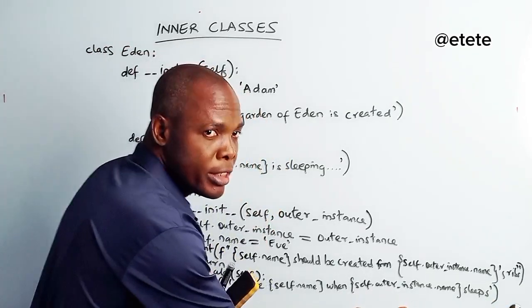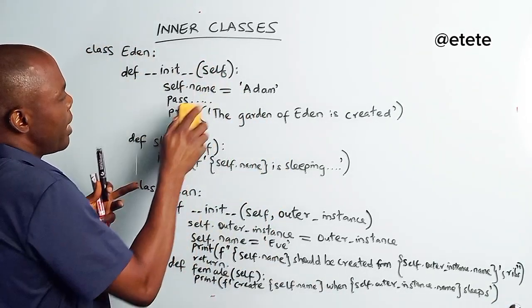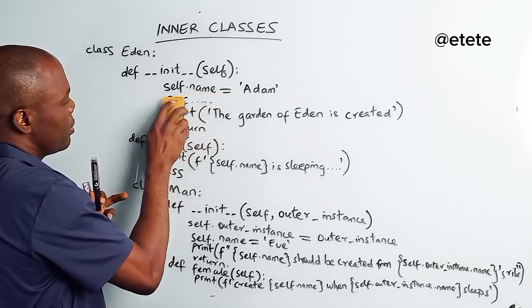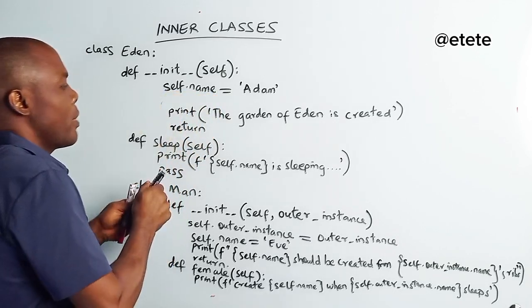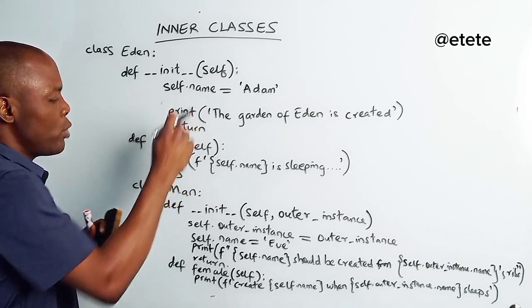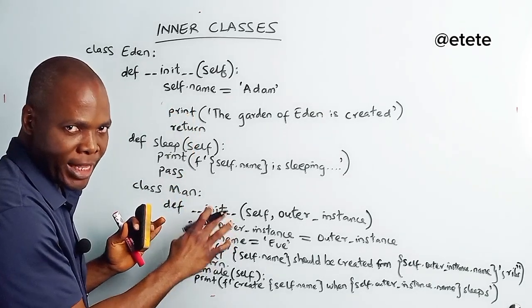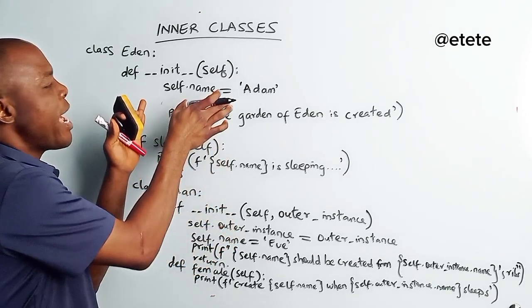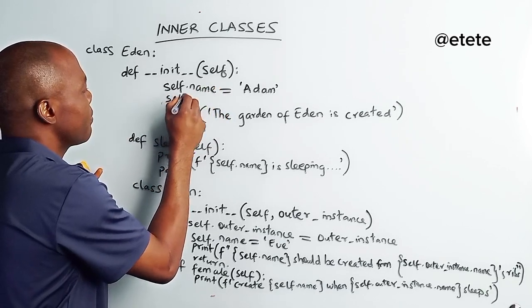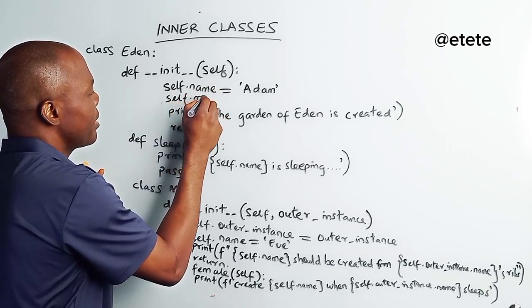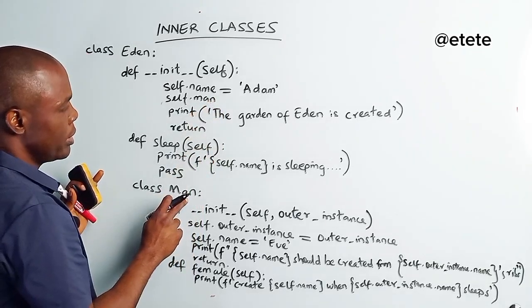Now, having done this, I am going to come back here to fill up this place. What I want to do is create the instance of this inner class and then have it here as an attribute. So this place I will say self.man, which is what? This.